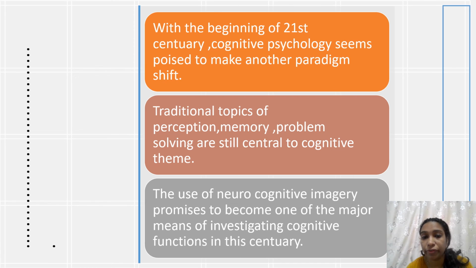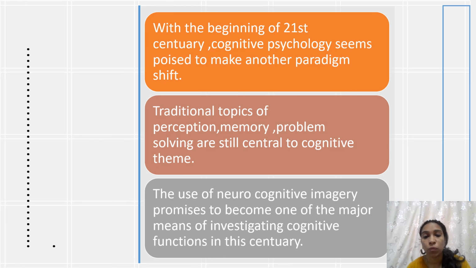With the beginning of the 21st century, cognitive psychology seems poised to make another paradigm shift. Traditional topics of perception, memory, and problem solving are still central to cognitive psychology. The use of neurocognitive imagery promises to become one of the major means of investigating cognitive functions in this century.